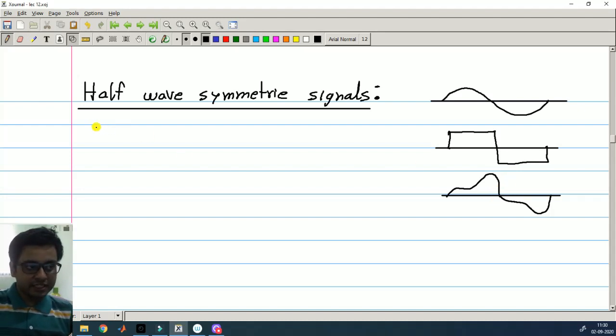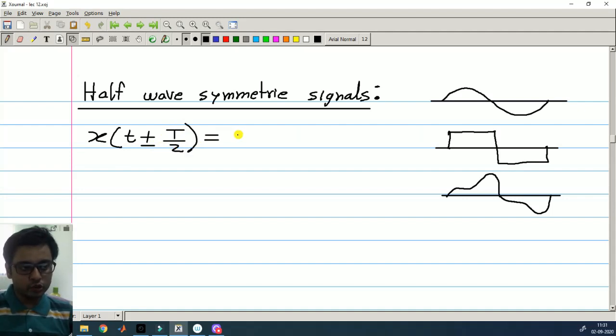Such signals have the property that x of t plus or minus capital T over 2 is equal to minus x of t.